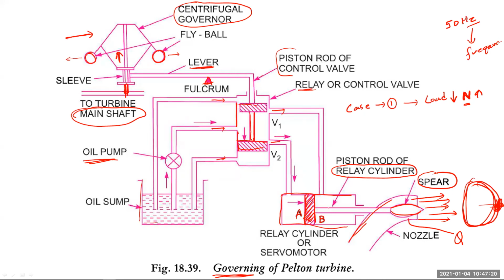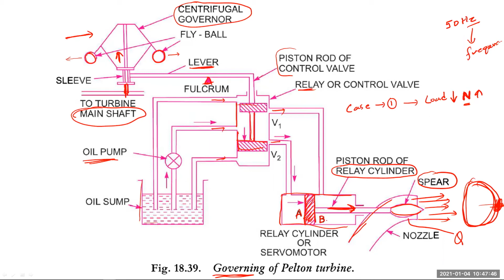We will close this. It means that this piston has to move in the forward direction. So the process by which the speed of the turbine is kept constant under varying loading condition is called governing of turbines.